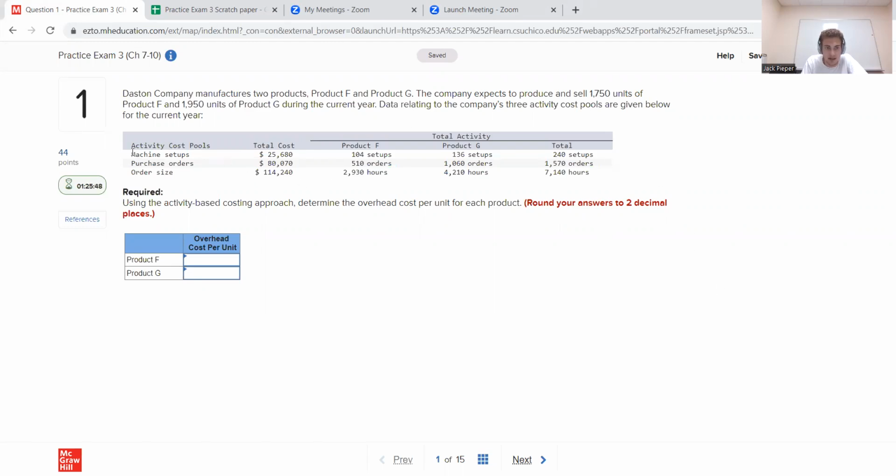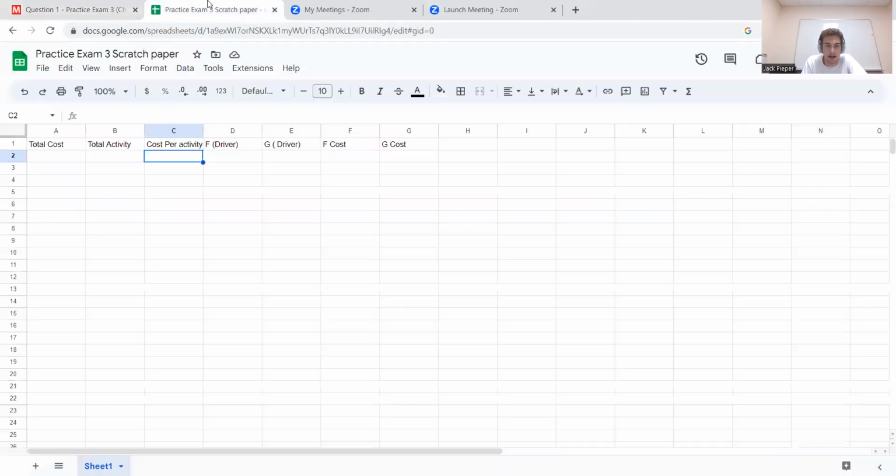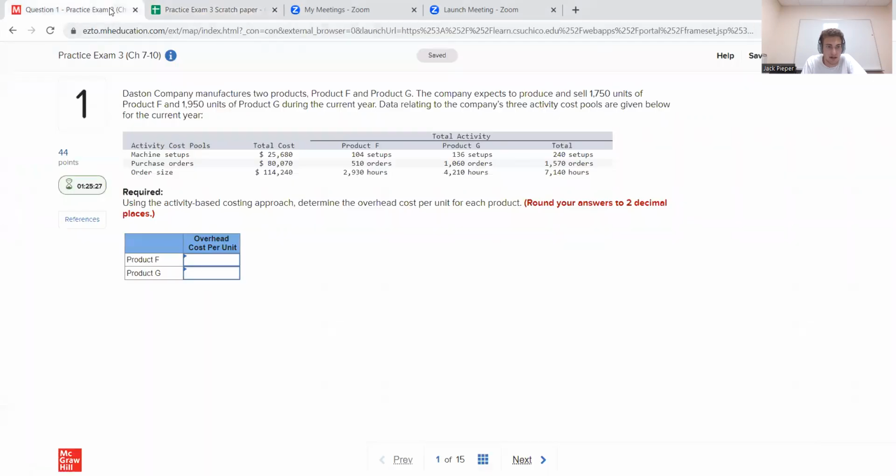But for an activity-based costing system, we are going to individually assign the overhead based on each of these criteria. Once we find out the cost per setup, per hour, per order, we're then going to multiply that back in. That's pretty complicated, but I'll make it clear in a bit.